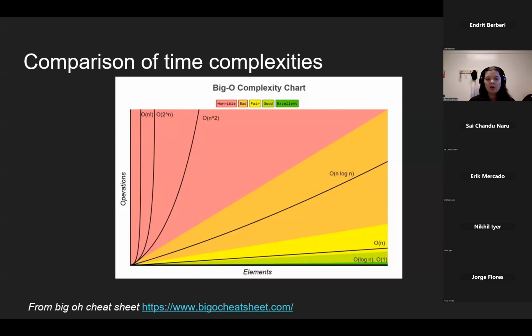And then we have n log n, that's going to be a common one for you guys, but it's not bad, it's not good, it's okay. And then we have O of n, which is the linear growth. That one's sort of kind of fine. Maybe you can optimize it. And then you have O log of n and O of 1, which are usually the best ones. You strive towards those, even if it's impossible to do.